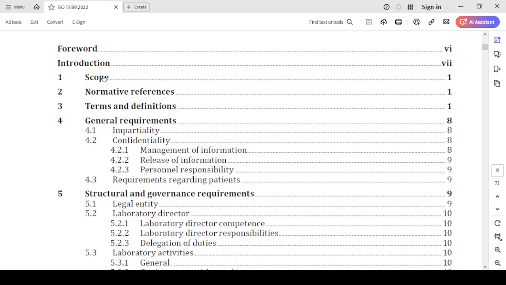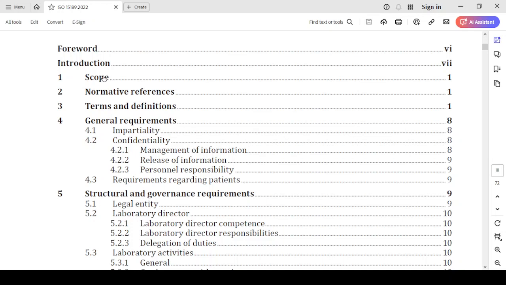In the old version, which was the 2012 version, it was excluding point of care testing. Okay, point of care testing wasn't part of the scope of implementation. However, in this current version, you can see that point of care is now embedded as part of the scope of implementation of this standard.